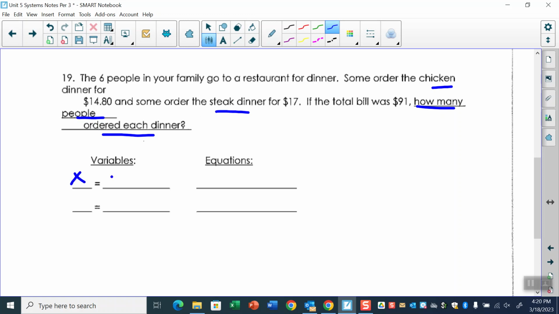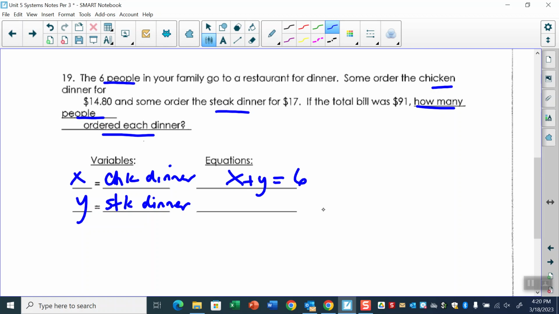So x is going to be the chicken dinner and y is going to be the steak. And so now my 2 equations, let's see, I've got 6 people, right? So x plus y has to equal 6. That's the total number of people.